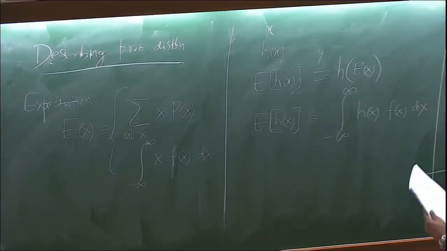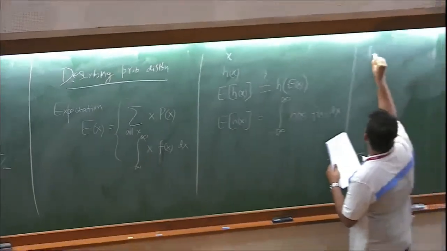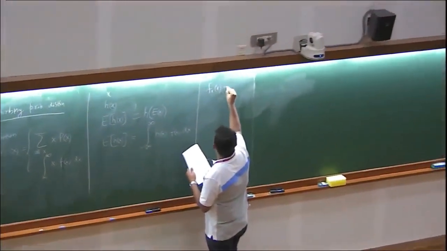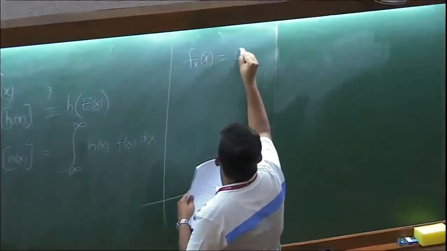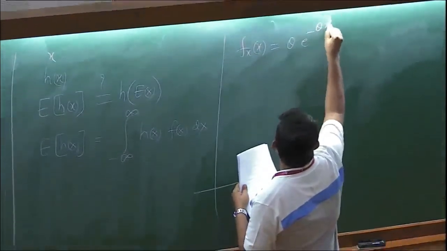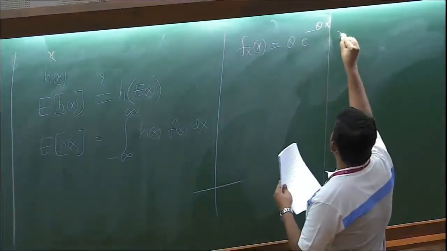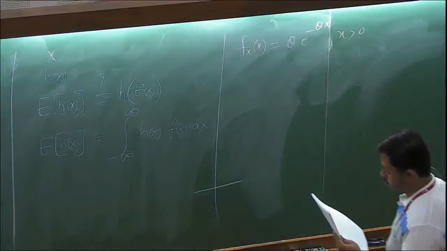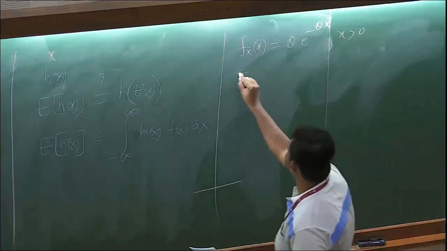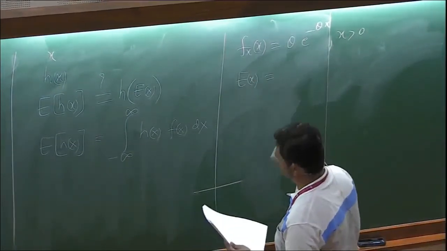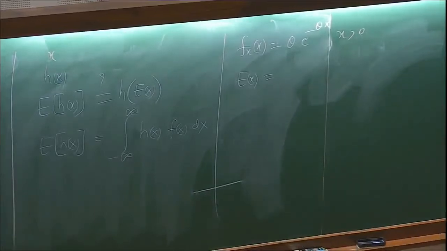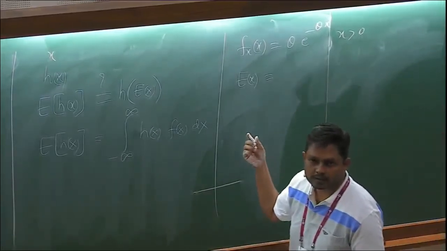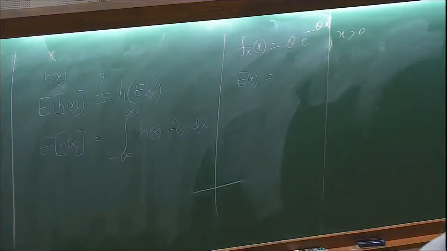Just as an exercise, compute the following. If I give you the exponential distribution, theta e to the minus theta x, for x greater than 0, what is the expectation value of x? Can you do that integral quickly?